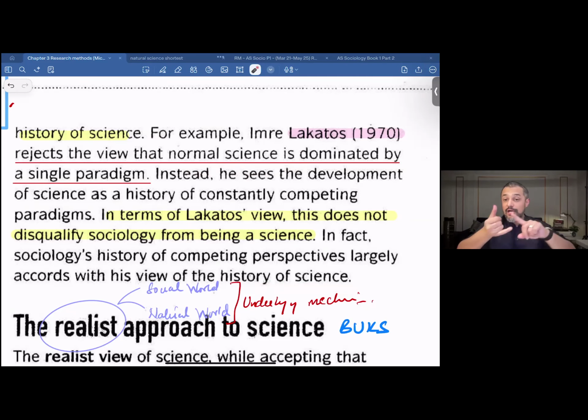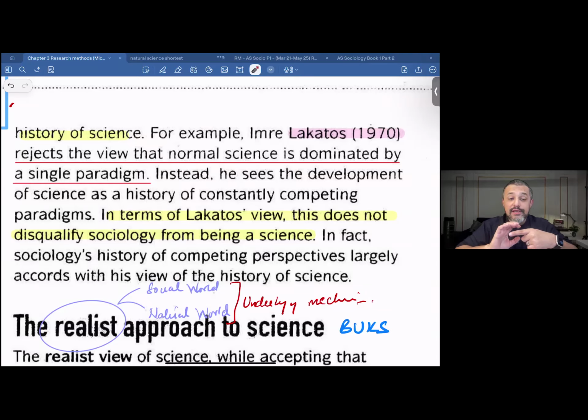So, in a nutshell, the takeaway from here. Kuhn believes no, scientific methods should not be used in sociology, based on the explanation that I was trying to give you for the last 10 minutes. According to Lakatos, yes, you cannot disqualify sociology from being a science.